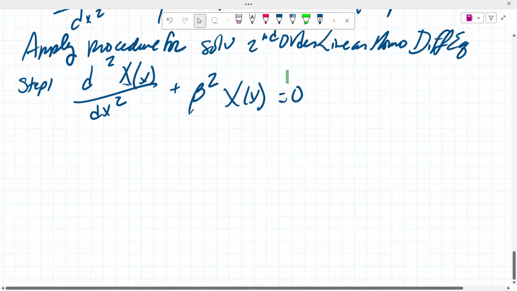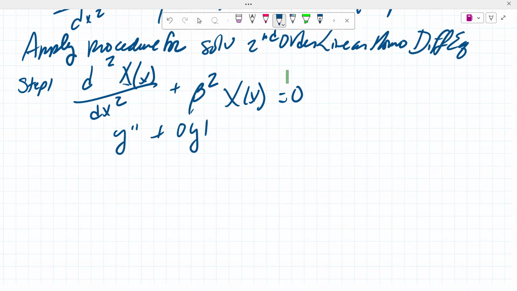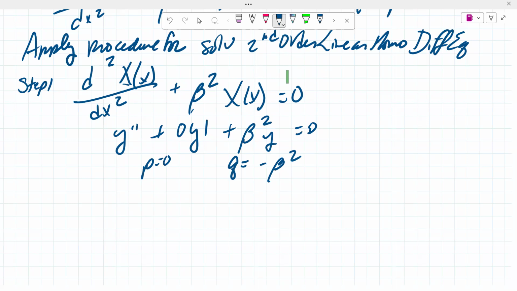Now we're going to line this up: y double prime plus 0 y prime plus beta squared y equals 0. P equals 0, and q equals negative beta squared. Sorry, positive beta squared.